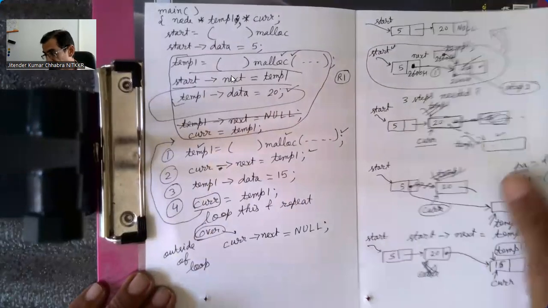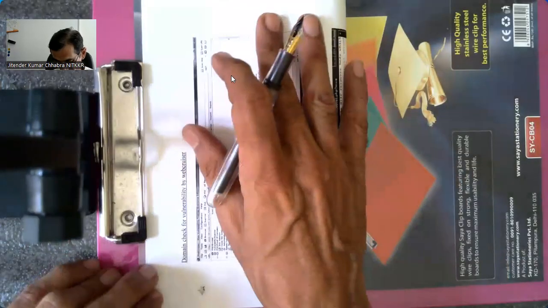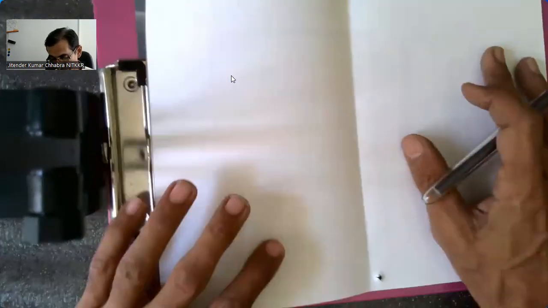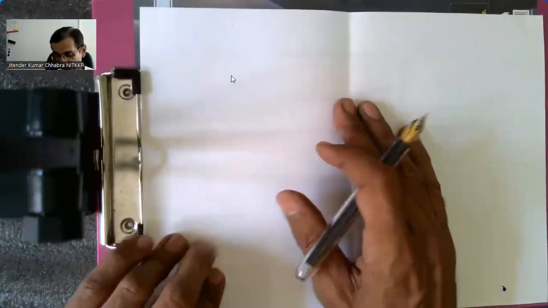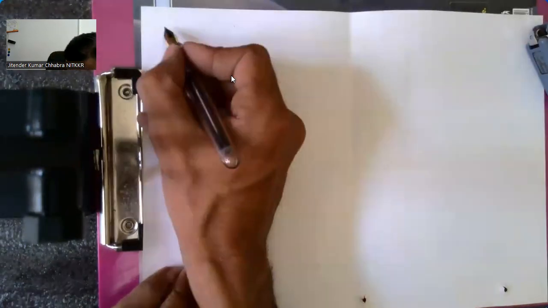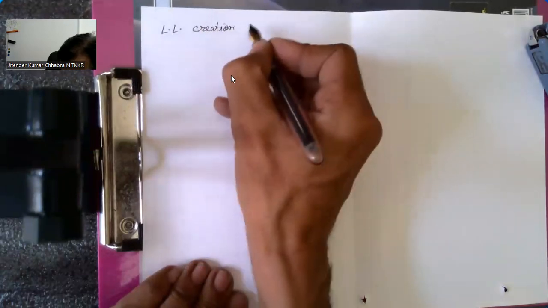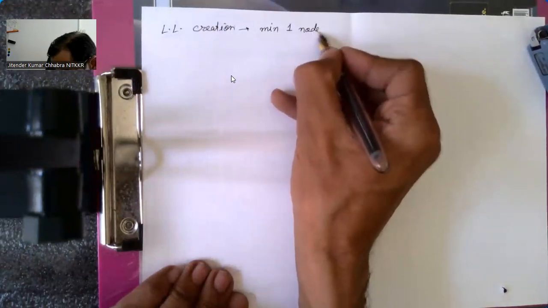So what I want to do is simple. For the time being, I will assume that whenever I want to create a linked list, the linked list creation will always have a minimum of one node, always.